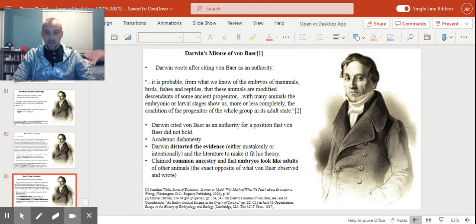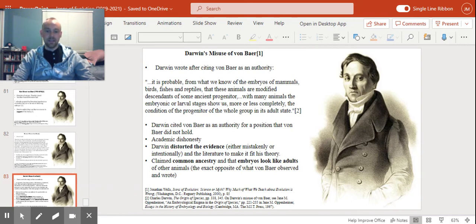Darwin wrote, after citing von Baer as an authority, something that disagreed with von Baer. He said, "It is probable from what we know of the embryos of mammals, birds, fishes, and reptiles that these animals are modified descendants of some ancient progenitor. With many animals, the embryonic or larval stages show us more or less completely the condition of the progenitor of the whole group in its adult state." So Darwin cited von Baer as an authority for a position that von Baer did not hold.